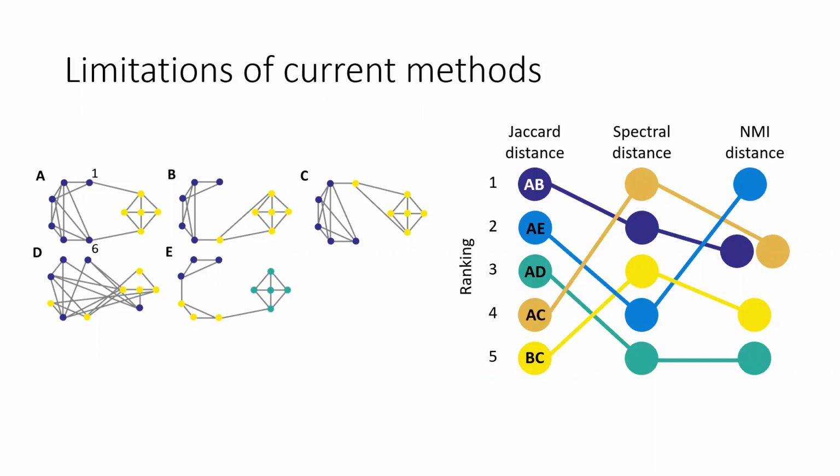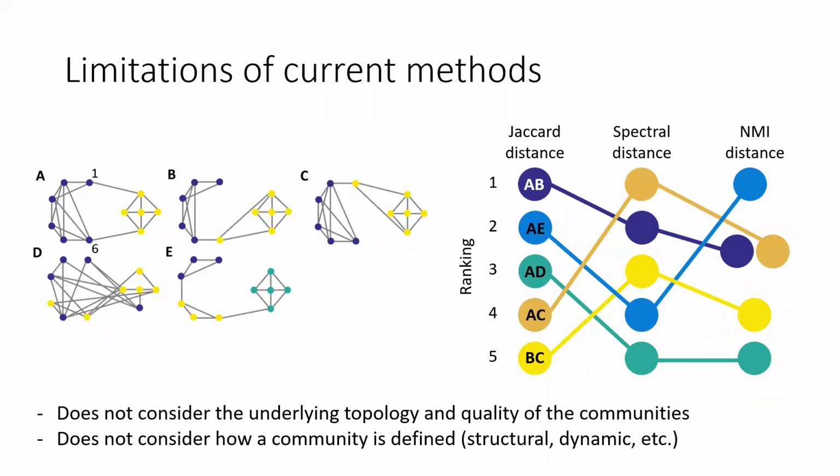So we could say if you move node 1 into another community, which C does, this could actually be more similar to network A than moving a very central node, such as node 6 in the example of B. So we want to point out two problems with NMI. The first is that it doesn't consider the underlying topology of the network or the quality of the communities when it compares two different networks.